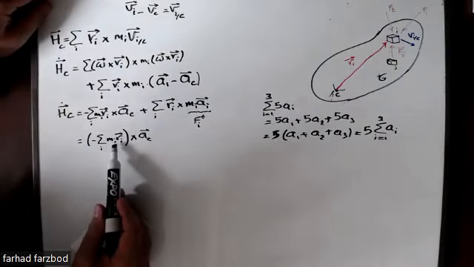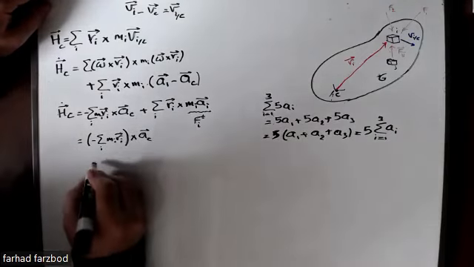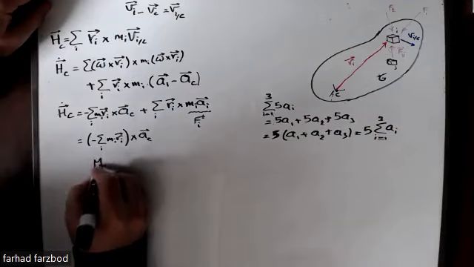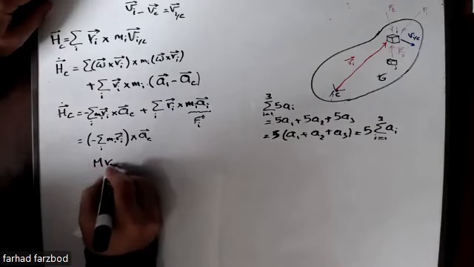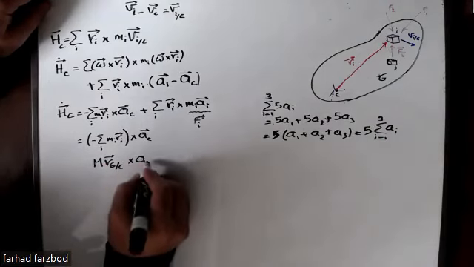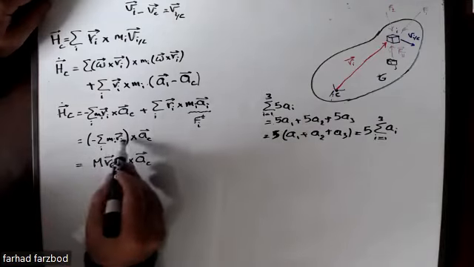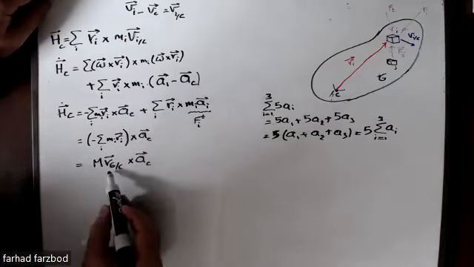Now, the summation of m_i R_i over all the i's would be total M times R_G with respect to C. This is the definition of a center of mass.